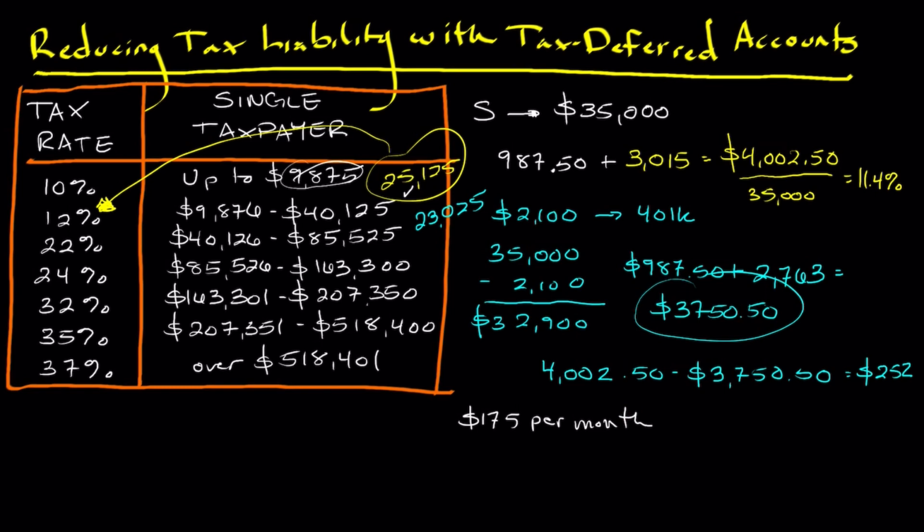So it's not going to impact your paycheck as much as you originally thought because you're getting that reduction in taxes. $252 divided by 12 months is $21. So effectively, you're paying out of your paycheck $154 per month into retirement, but getting $175 if you factor in the reduction in your tax liability.